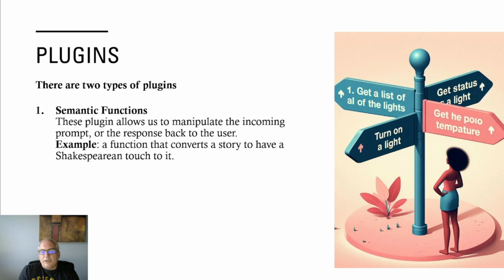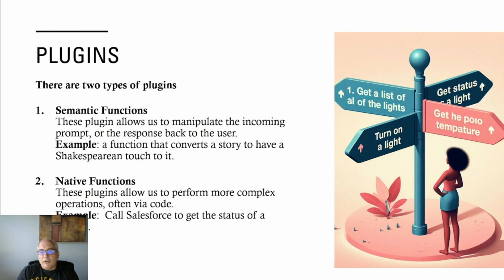So there's really two types. One is a semantic function, and that's, generally speaking, where you want to modify either the incoming prompt or the response back to the user. For example, one that comes in the documentation is a Shakespearean plugin that will translate whatever text you have into something that would sound like Shakespeare wrote it.